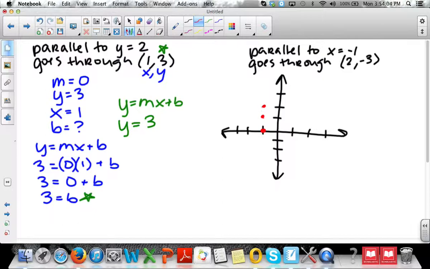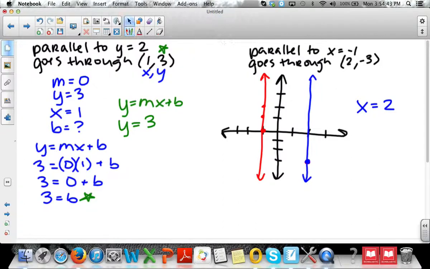So that is all up and down this line here. That is my equation that I want parallel to. But my new line has to go through (2, negative 3), which is all the way over here. I should draw that in a different color. The line that's parallel to this one is also going to be vertical, but through that other point. So it's similar to the y one. It's going to be x equals 2. So that 2 there comes from the 2 in my coordinate. It's going to match every time. No matter what the point is that you went through, it has to match the x coordinate of that point.